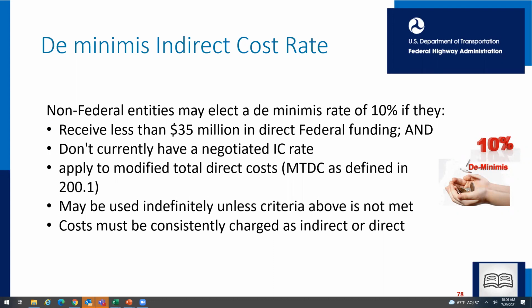A provisional rate is similar to a fixed with carry forward. It's authorized using estimates at the beginning. You bill that throughout the year, and then at the end of the year, you have to look at your actuals, and like Eric mentioned yesterday, you have to go back and make a modification to every cost objective or project that provisional rate was applied to, and adjust it to what the final rate is.